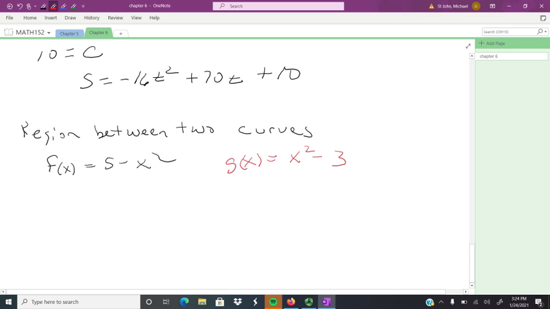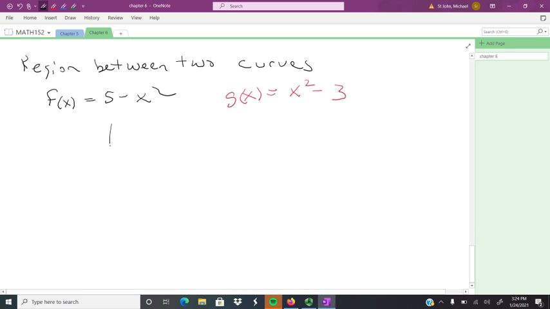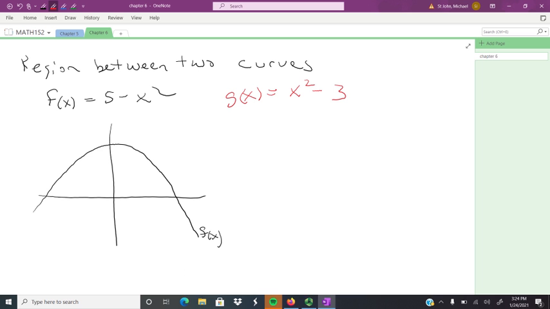And we want to know, what do those look like? So let's first draw a graph roughly. And so if I graph this, the f of x curve is going something like this. So this is my f of x. And then my g of x curve is going something like this. And what we want to know is what is this area in between the two curves.